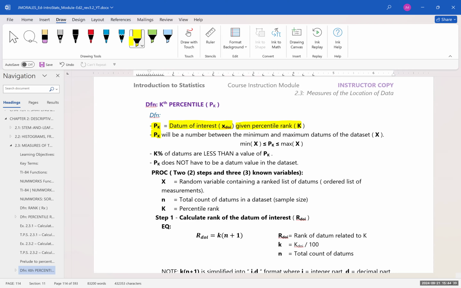The kth percentile is going to be a number between the minimum and the maximum datums of the data set. So the kth percentile that we calculate will be less than or equal to the maximum and greater than or equal to the minimum. So it's going to be somewhere in the middle of your data set somewhere.